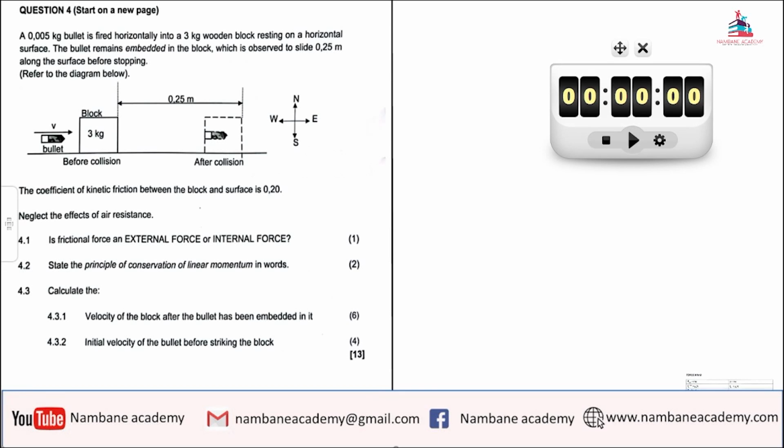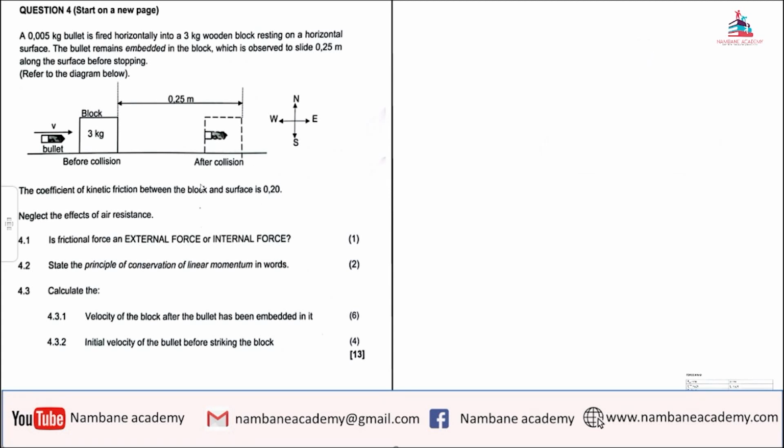Ladies and gentlemen, we are told the coefficient of friction between the block and the surface is 0,2. So already we are not used to having friction information inside a question of momentum and impulse. So already this says somehow that this question must have an integration of now what?